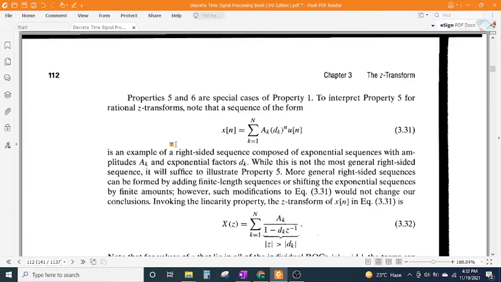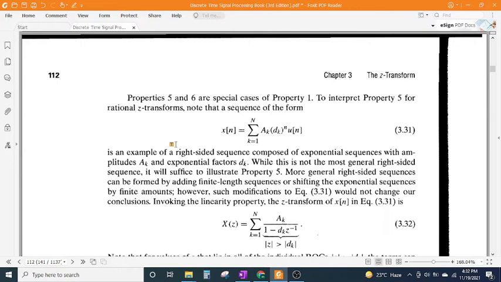Note that for values of z that lie in all of the individual ROCs, |z| > |d_k| for all k, the terms can be combined into one rational function with common denominator, the product over k from 1 to N of (1 - d_k z^(-1)), i.e., the poles of X(z) are located at z equals d_1, ..., d_N. Assume for convenience that the poles are ordered so that d_1 has the smallest magnitude, corresponding to the innermost pole, and d_N has the largest magnitude, corresponding to the outermost pole.